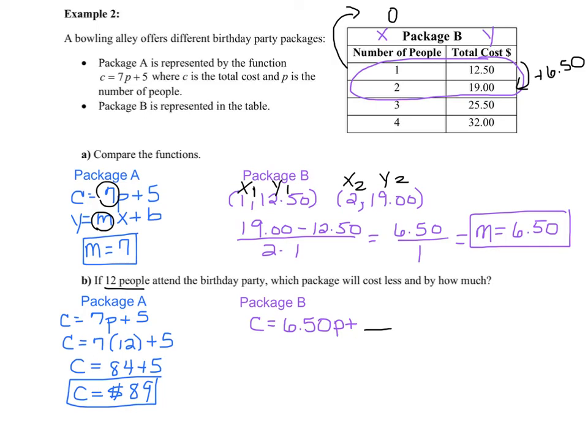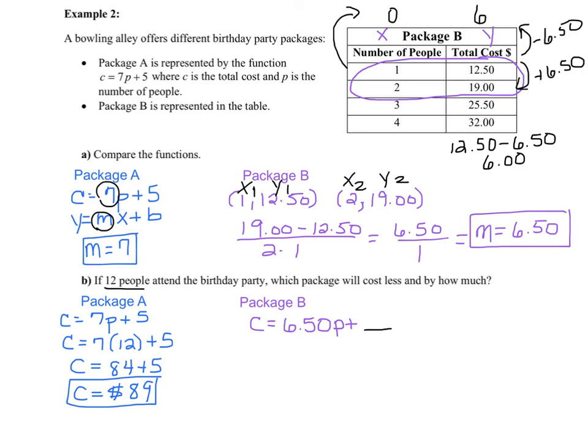Well, if we're going up by $6.50, we have to go back. We're going to subtract $6.50. So you're going to take your number here that was one person, which was $12.50, and you're going to subtract $6.50 to find your initial. So if I had $12.50 and I subtracted $6.50, it would equal $6. So therefore, my initial start is $6.